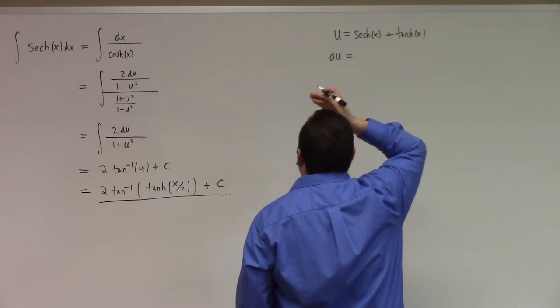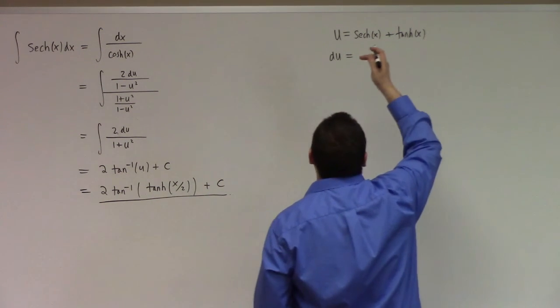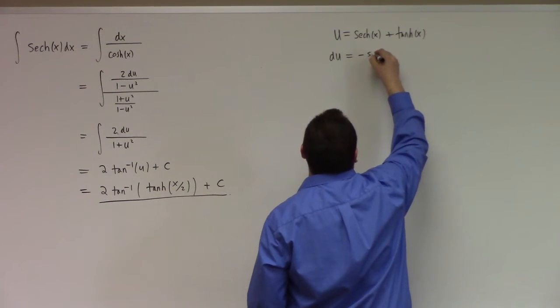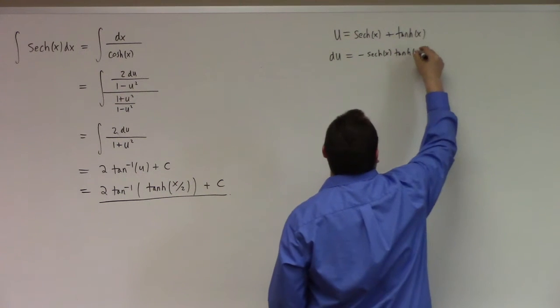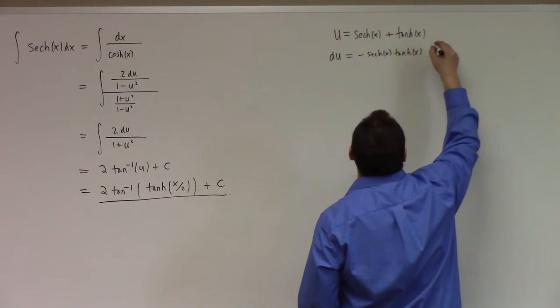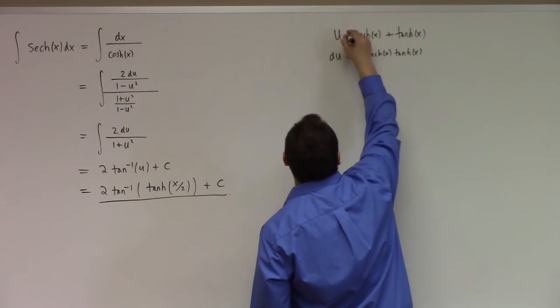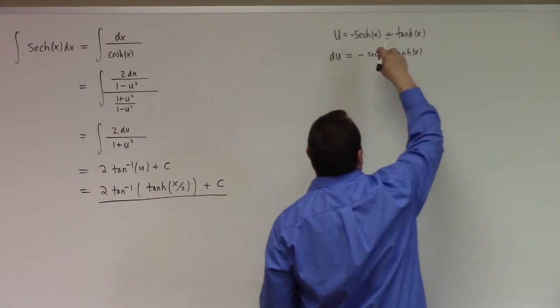Well, that's going to be a problem, isn't it? I don't think this quite works because that's minus secant tangent. I think for this reason I should put a minus here. I think if I put a minus before the secant for the u substitution, it worked out better.